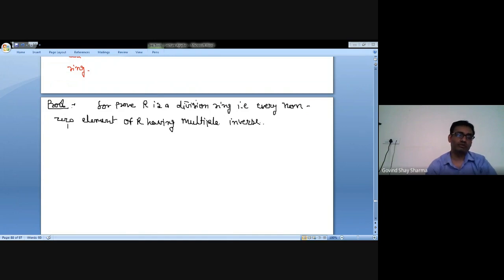That means if an element a in R is not 0, then there exists b such that a·b is equal to 1.